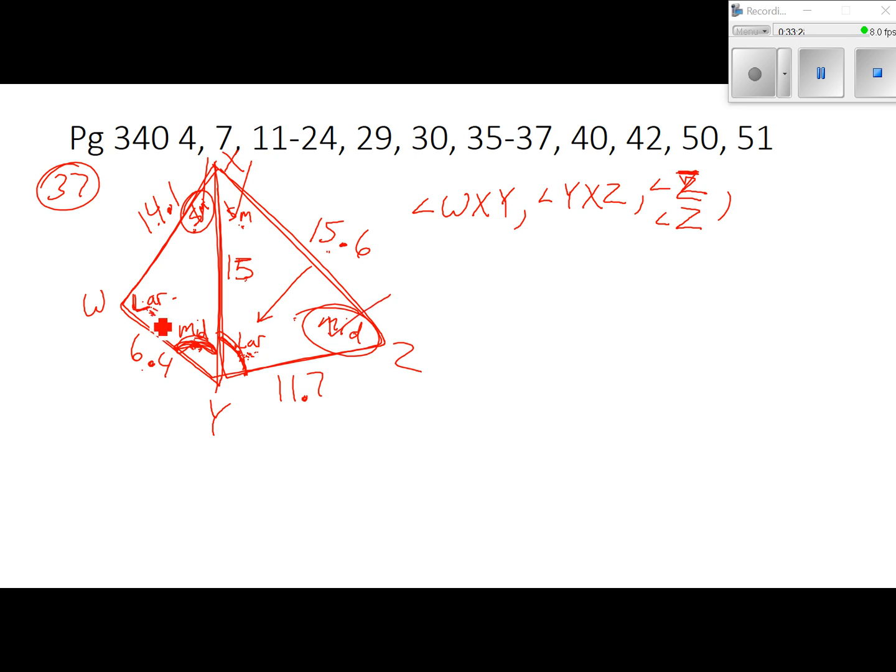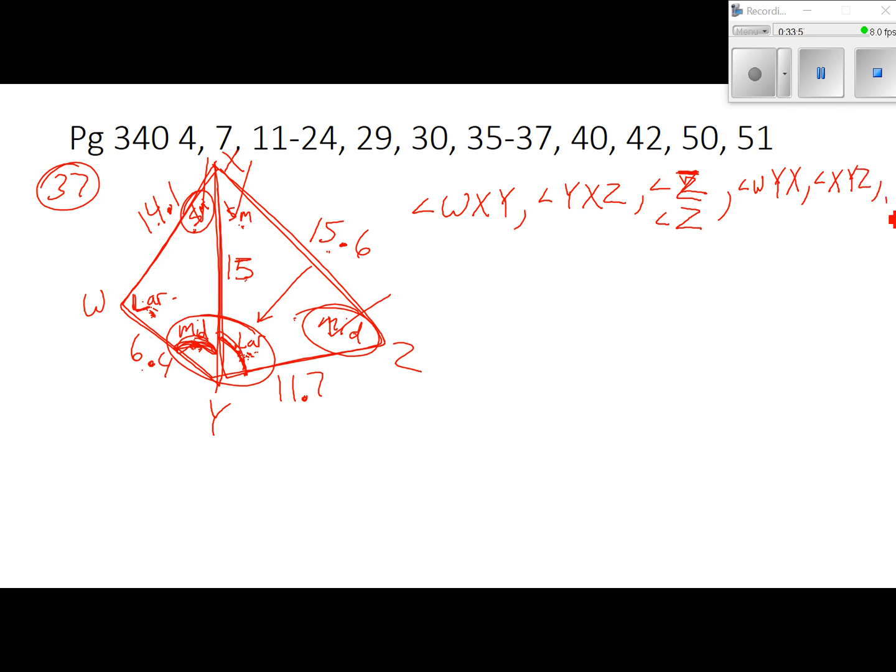Now we know this one over here is larger than both of these two, because they're the same. So we're going to list those two next. It doesn't really matter which order we list them in because they're the same size. So we'll list them angle WYX and angle XYZ.